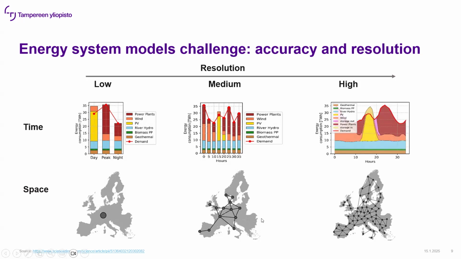And if you go into really high resolution, then it's about capturing 15-minute fluctuations, maybe even 5-minute fluctuations. That's something you have to do nowadays, because the variability in the production is so high.